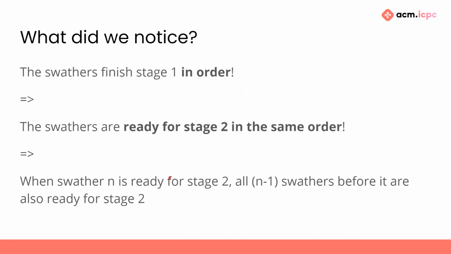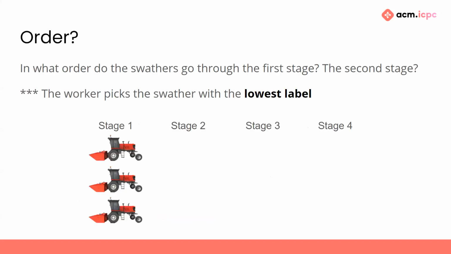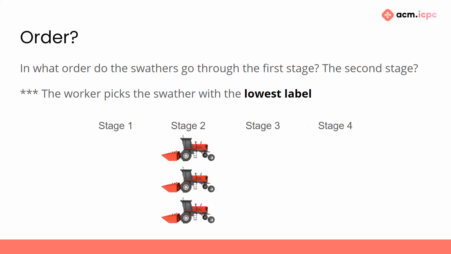That means the swathers also arrive at each of the stages in the same order, right? If we go back here, if you look at stage 2, the first swather comes in first, and then the second one, and then the third one, which means for the worker in stage 2, the order is also the same.